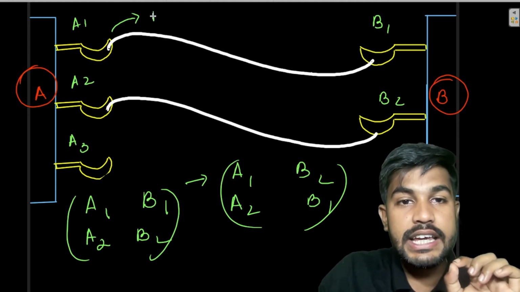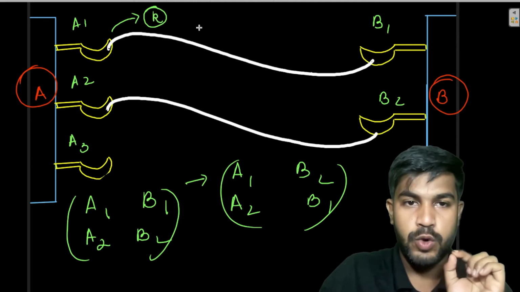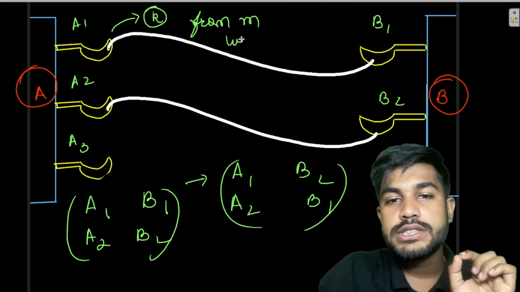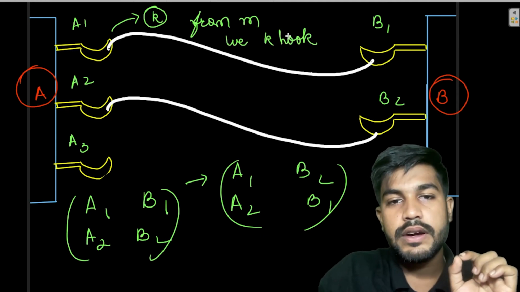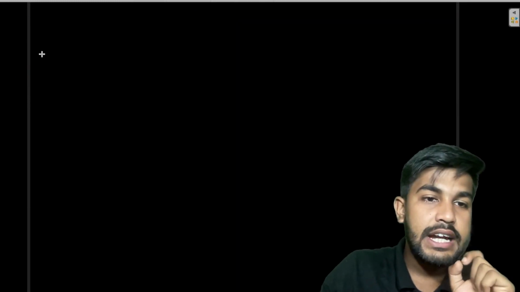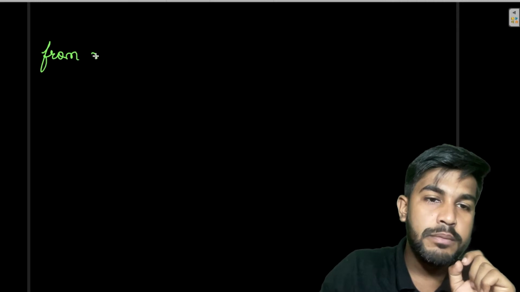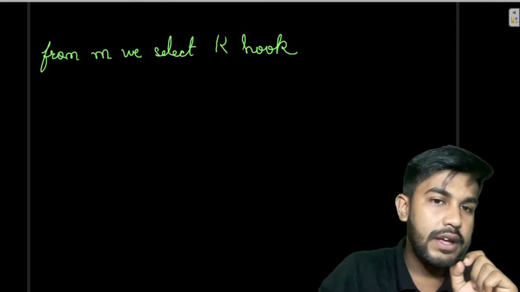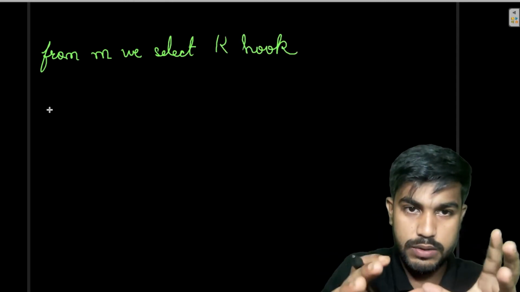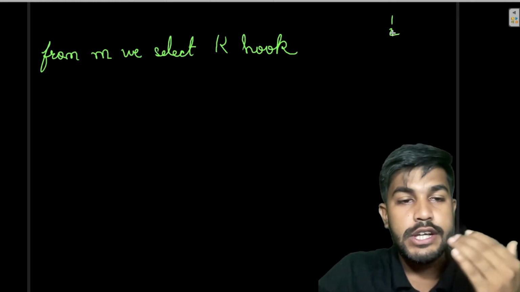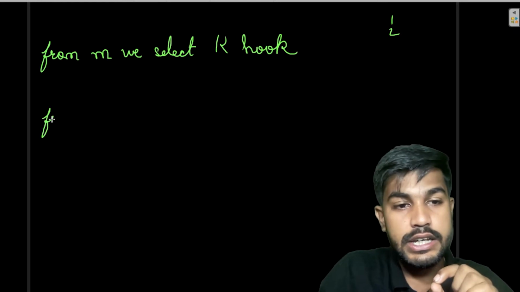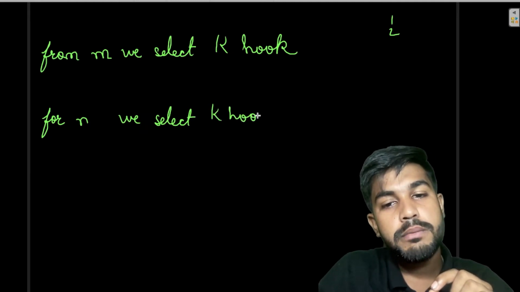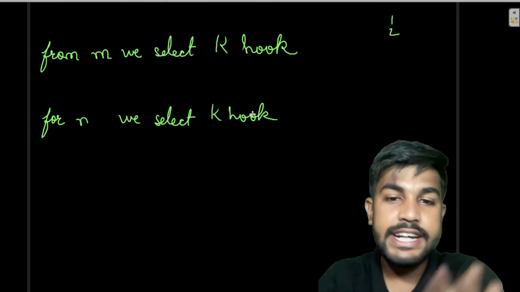We need to select k hooks from the M hooks of wall A. So from M, we need to select k hooks, and for each such selection, we also select k hooks from N, because whatever the value of M or N, we need to select k hooks.